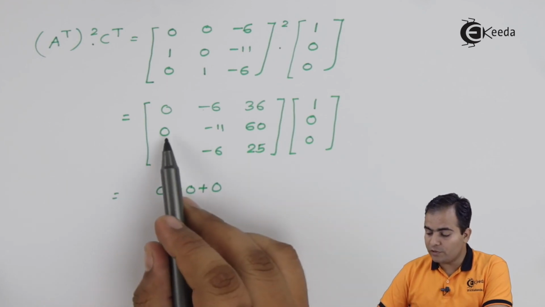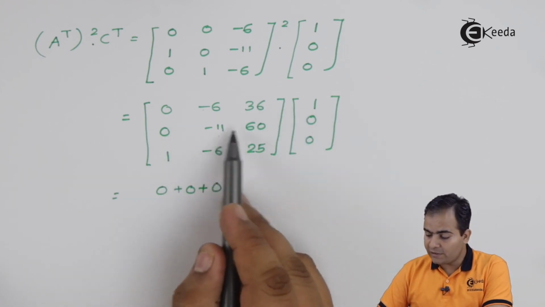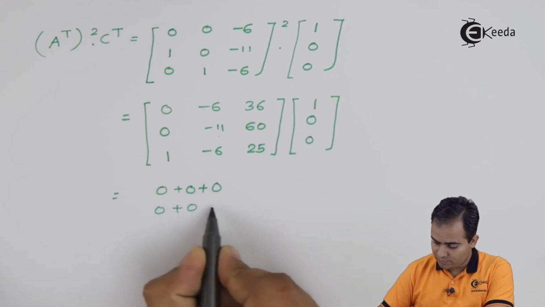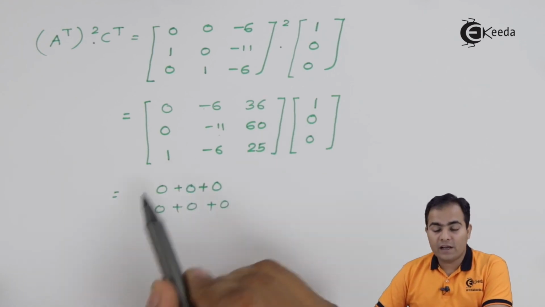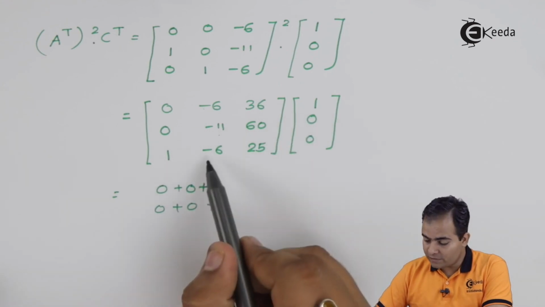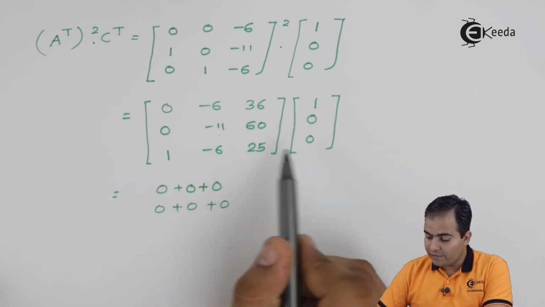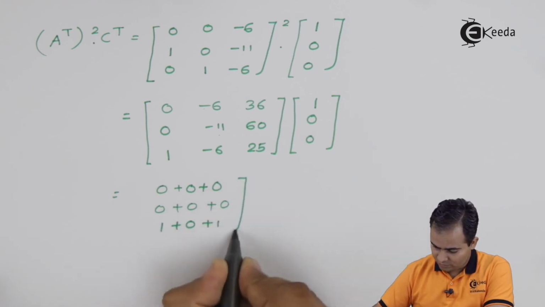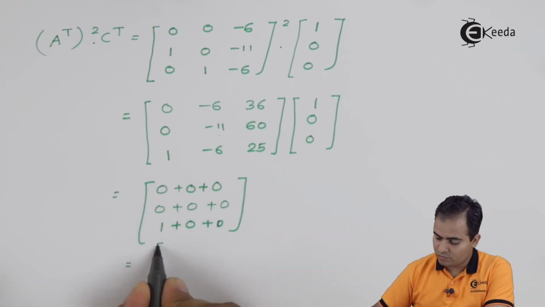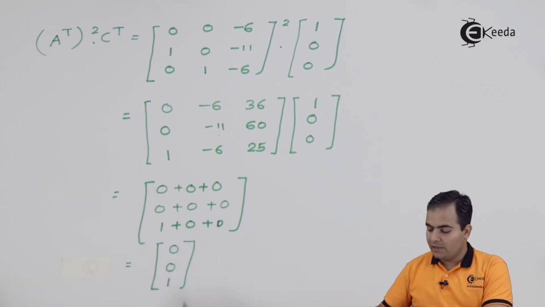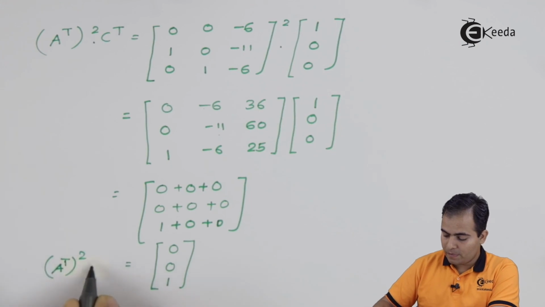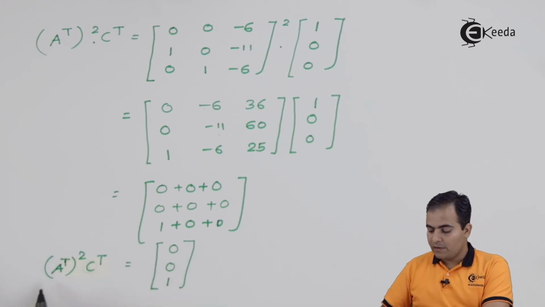Now we'll move on to the next. 0 into 1 is 0, minus 11 into 0 is 0, 60 into 0 is 0. Now in the last, 1 into 1 is 1, plus minus 6 into 0 is 0, 25 into 0 is 0, so the answer is only 1. And this is nothing but the result of A transpose whole square into C transpose.